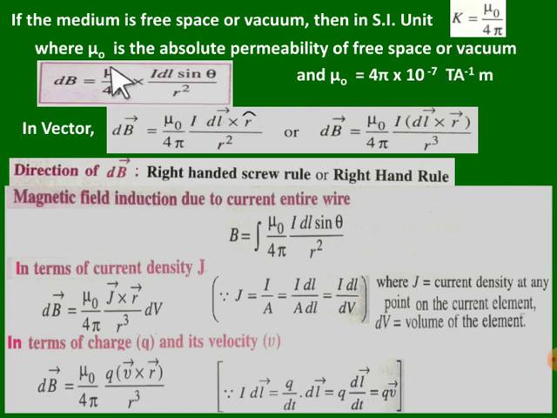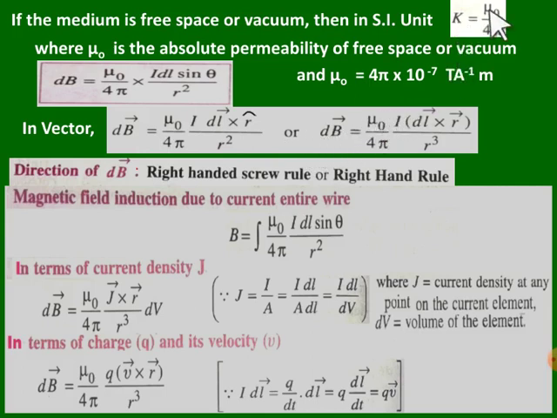So mu naught is the absolute permeability of free space or vacuum, whose value is equal to 4 pi into 10 to the power minus 7 Tesla meter per ampere. So try to remember this value whenever you are trying to calculate in relation to the application of Biot-Savart's law or anything in magnetism.